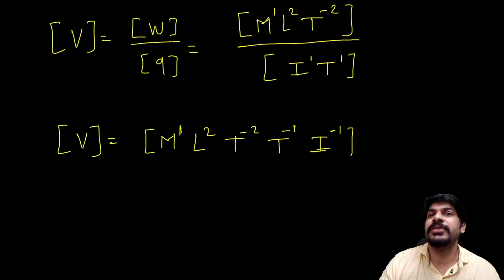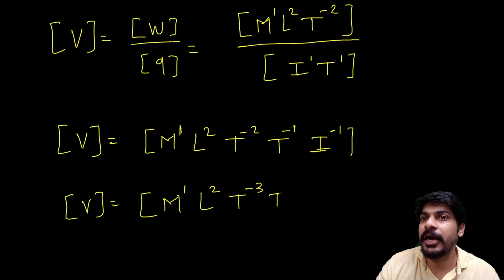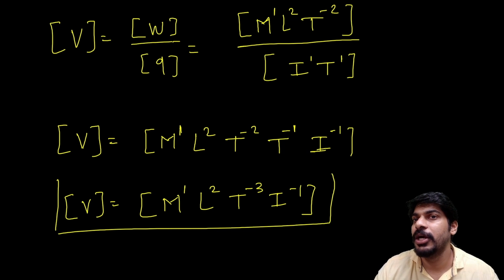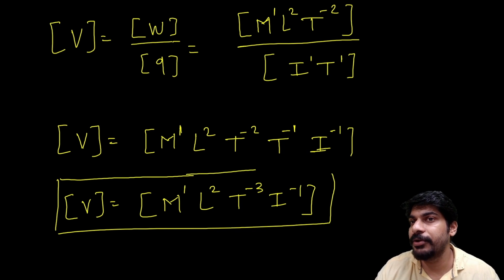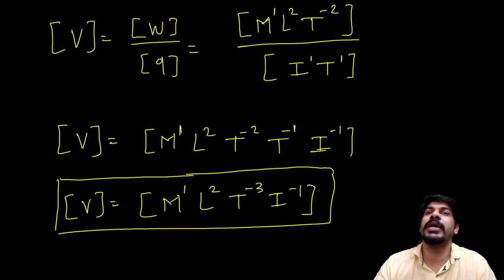Okay, now let's just solve this. So V is going to be equal to M1 L2 T minus 3 and I minus 1. That's it. That is the dimensional formula for the electric potential capital V. Okay, and in this way we have got our answer, isn't it?